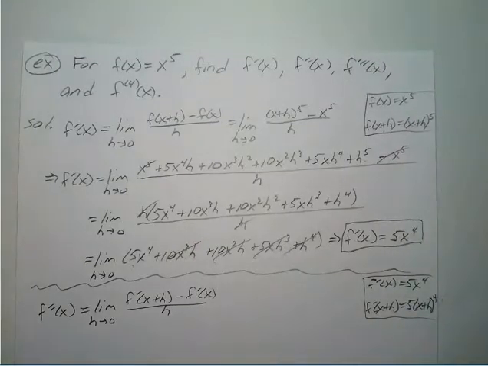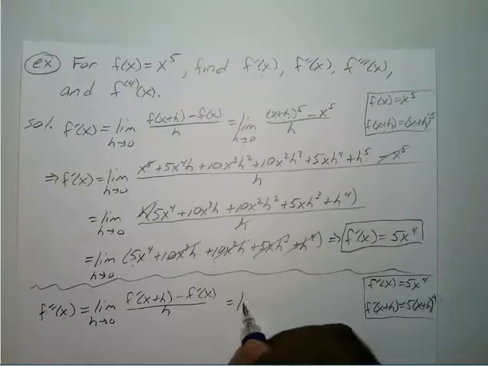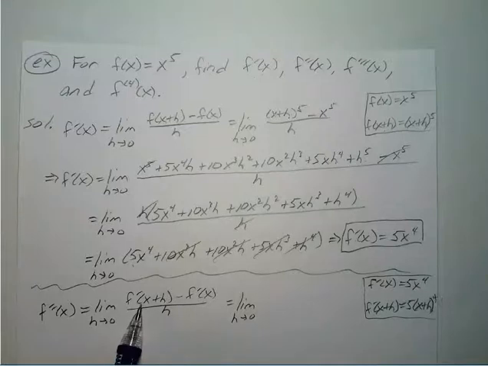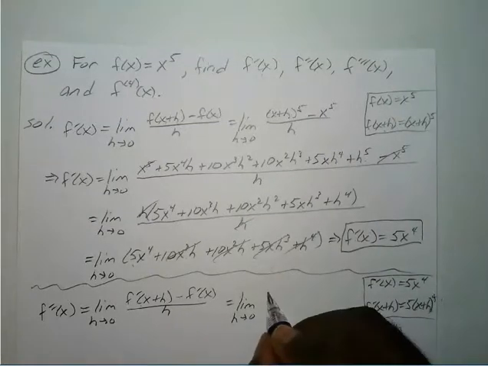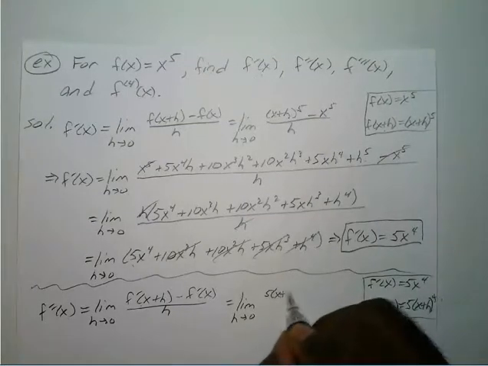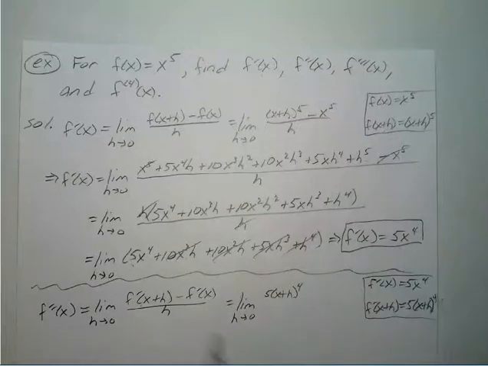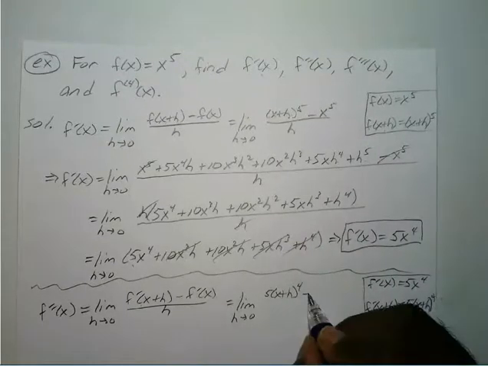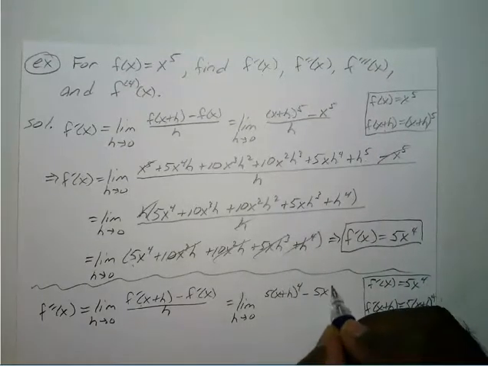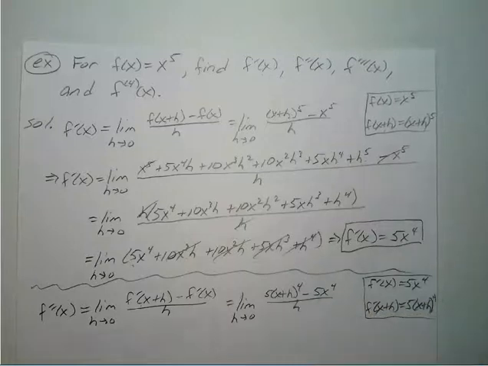There we go. So that's going to equal the limit as h approaches 0 of f prime of x plus h, which is 5 times x plus h to the fourth power, minus f prime of x, 5x to the fourth, all over h.